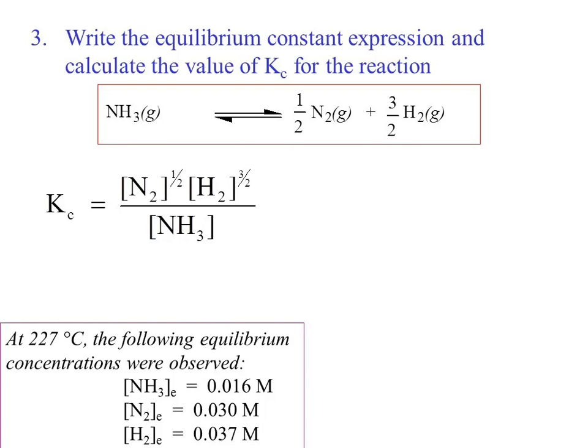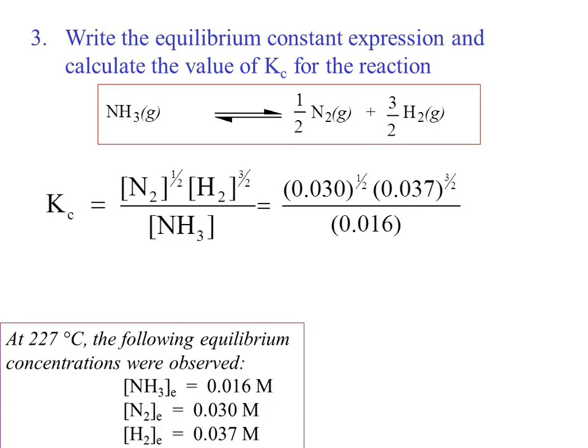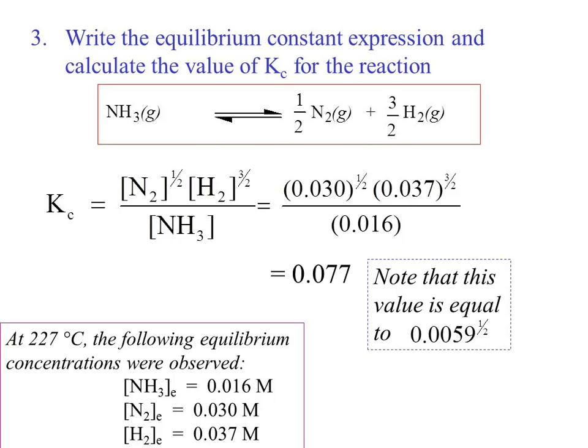So you're ready to plug in. Kc would be equal to 0.030 raised to the 1/2 times 0.037 raised to the 3/2, all divided by 0.016. Rounding to 2 significant figures, Kc3 is 0.077.